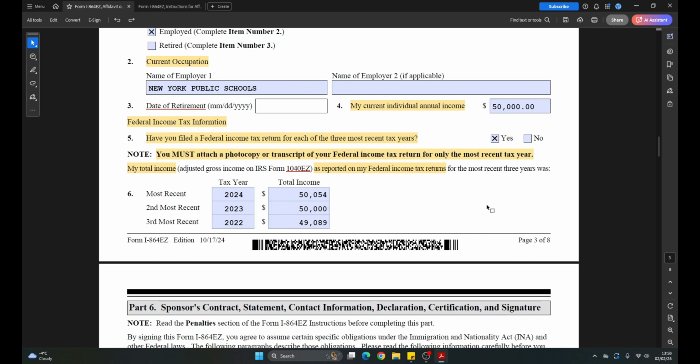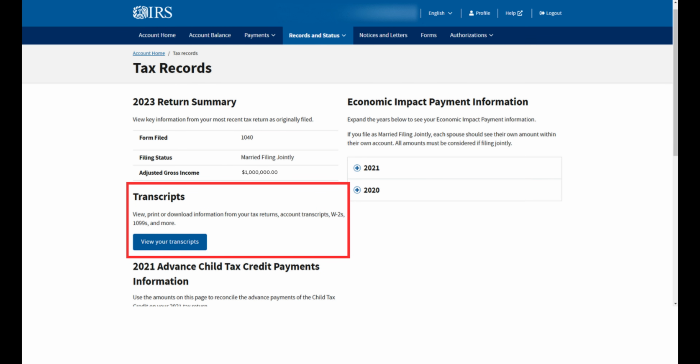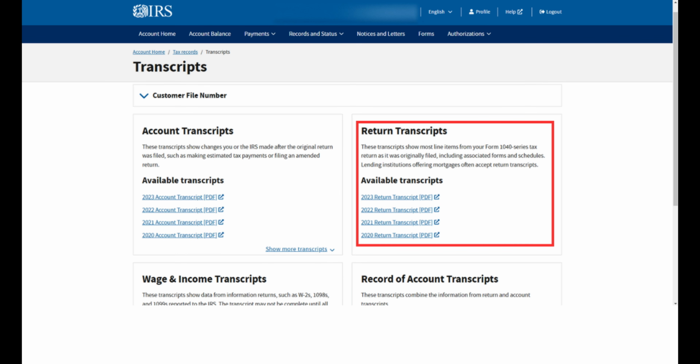Another question that I commonly get is, should I provide a tax return copy from my own records or should I send them an IRS transcript? You can submit either, but USCIS does prefer IRS transcripts. You can easily obtain your transcripts online from the IRS website by setting up an account very quickly, and you will be able to download tax return transcripts.